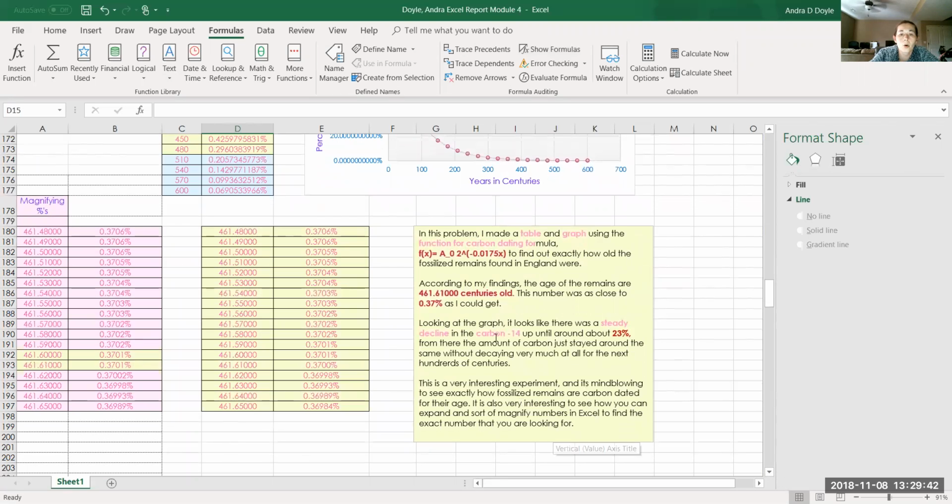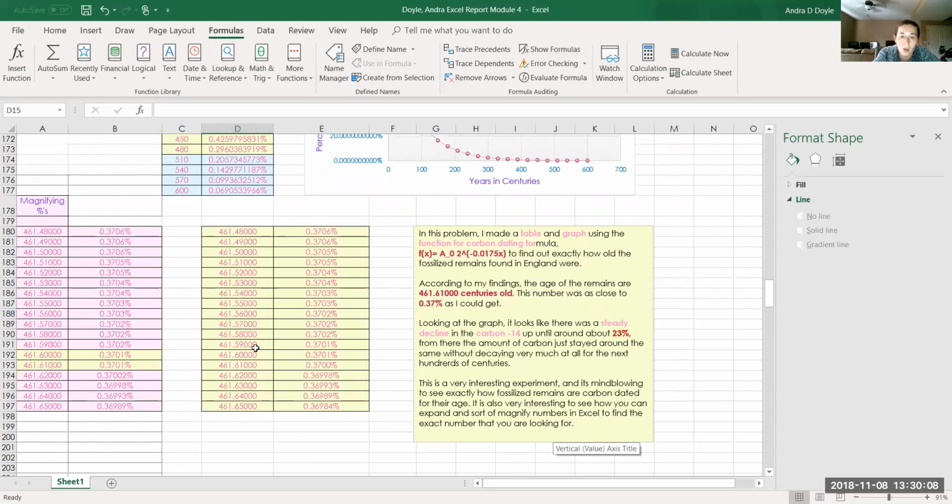Basically, according to my findings, the age of the remains is 461.61 centuries old. I believe that's how I should say it. This number was as close to 0.37% as I could get. I took a long time magnifying these numbers in Excel and trying to get right exactly on that 0.37 mark.